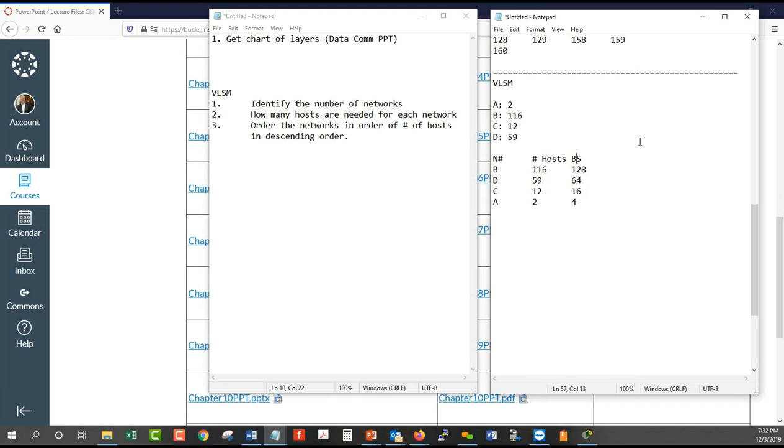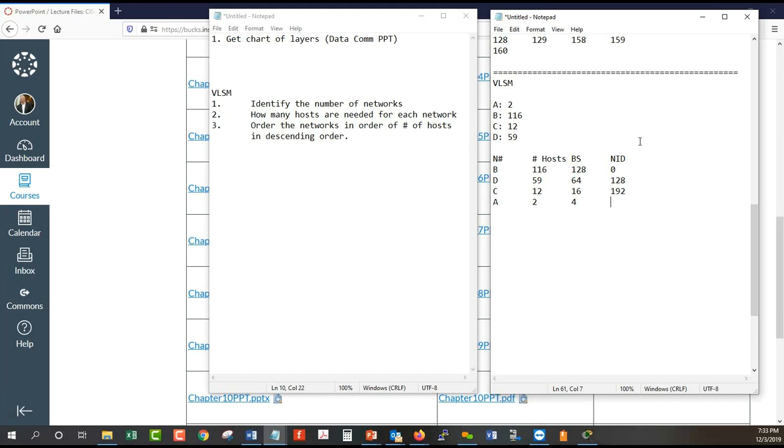All right, perfect. Now we need to start figuring out network IDs. So our network ID, always with the first one, is going to start with 0. Then we're going to add the block size from the prior plus the network ID to give us the next network ID. So 128 plus 0 is 128. Next, we're going to do 64 plus 128, and that's going to give us 192.